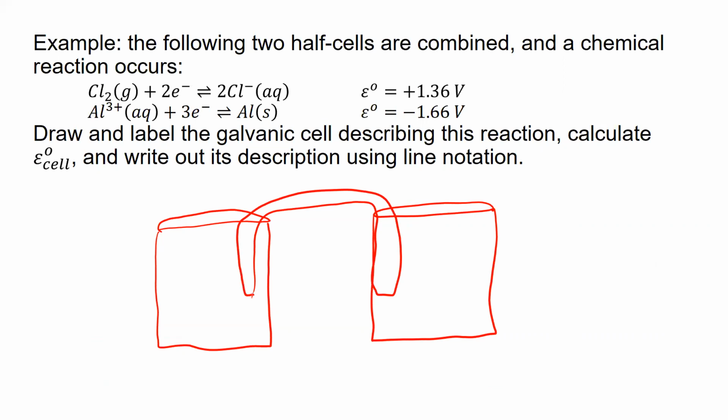So we're going to label these two. This is going to be our anode compartment, and here's our cathode compartment.